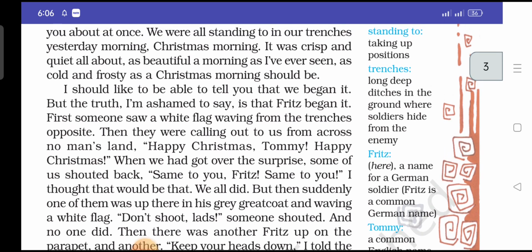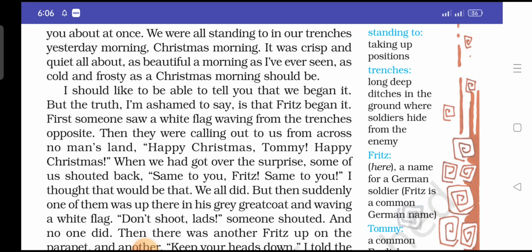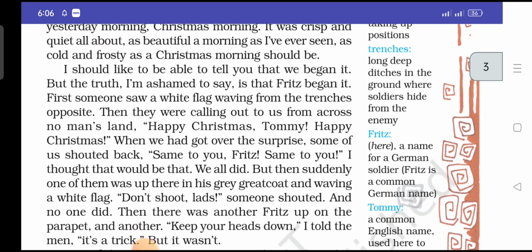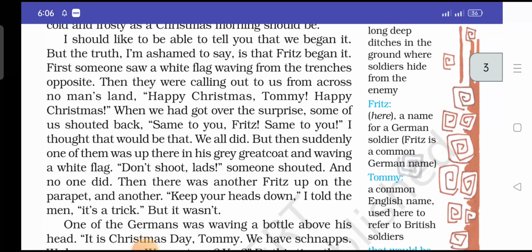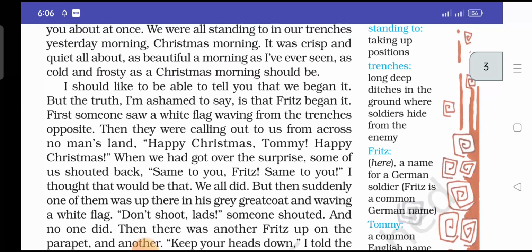As you all see, at Christmas there is sometimes a little cold type of weather, and it is very beautiful, with cold wind passing around you.